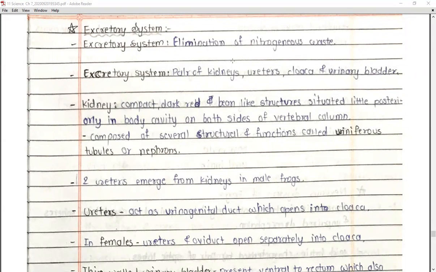Fine. Next, these kidneys are composed of several structural and functional units which are called uriniferous tubules or nephrons. In the same way, as you know that cells are said to be the structural and functional unit of all living organisms, right? In the same way, for the functioning of the kidney, there are specialized cells which are known as nephrons.